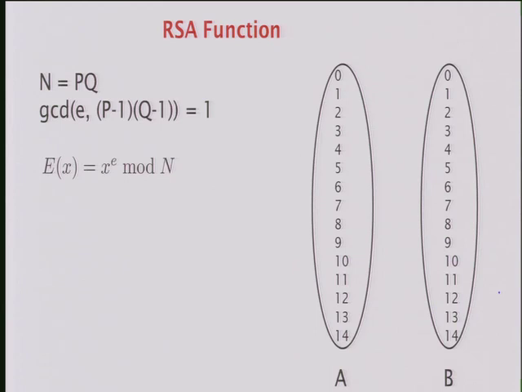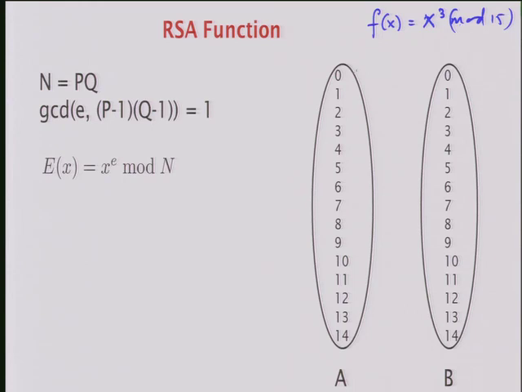And the fact that it's a bijection is the main fact that goes into making up the RSA crypto system. So we look at f of x equal to x cubed mod 15. Looks a little bit like taking squares mod 15, but the properties are very different.